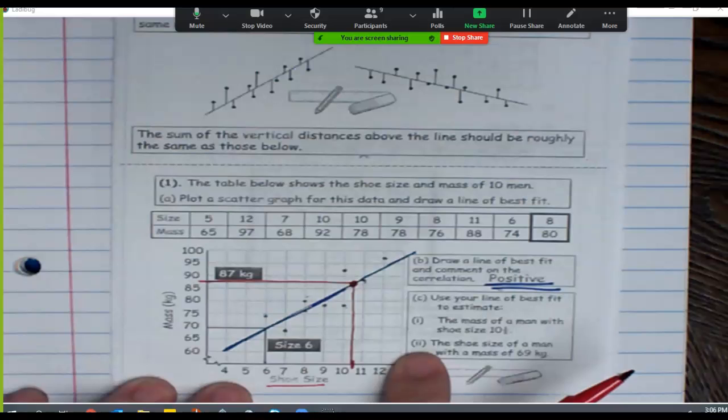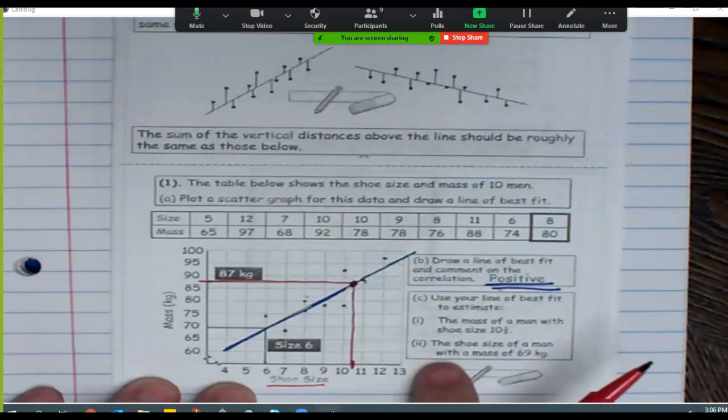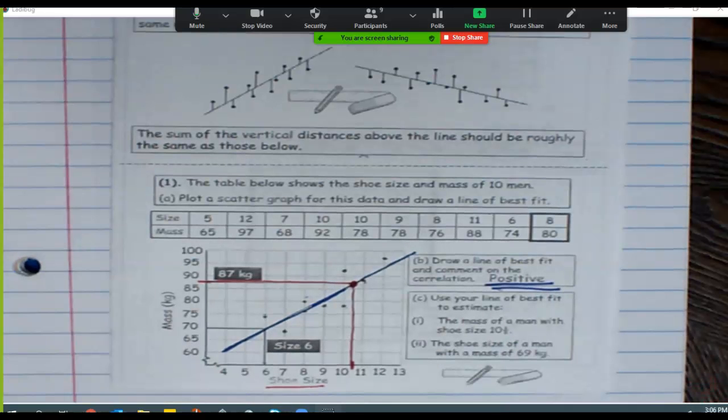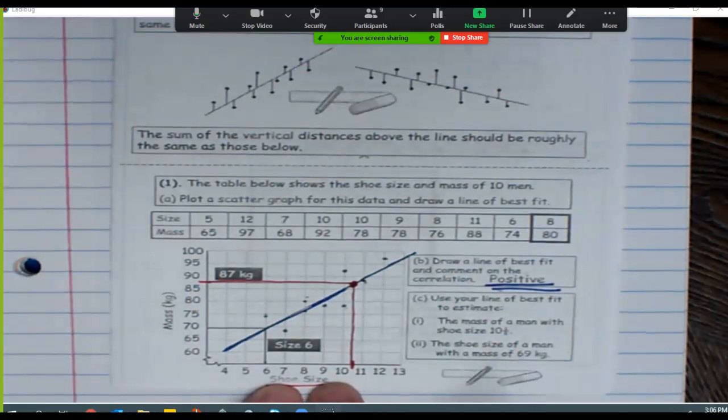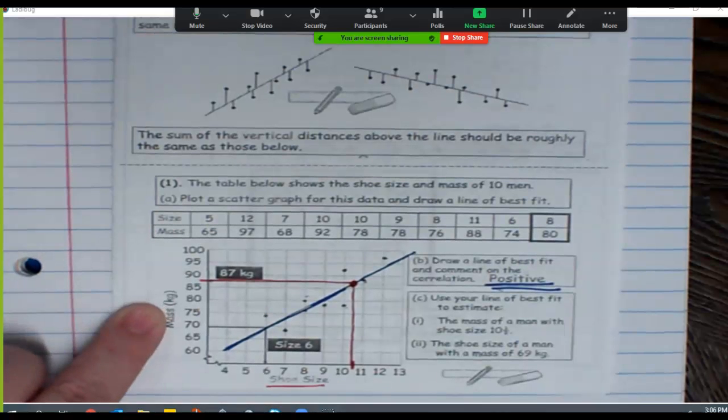All right, let's look at the second one. They want to know what is the shoe size of a man who has a mass of 69. So instead of going on the x-axis, because the x-axis is shoe size, that's what I'm trying to figure out, I have to find the mass on the y-axis that is 69 kilograms.